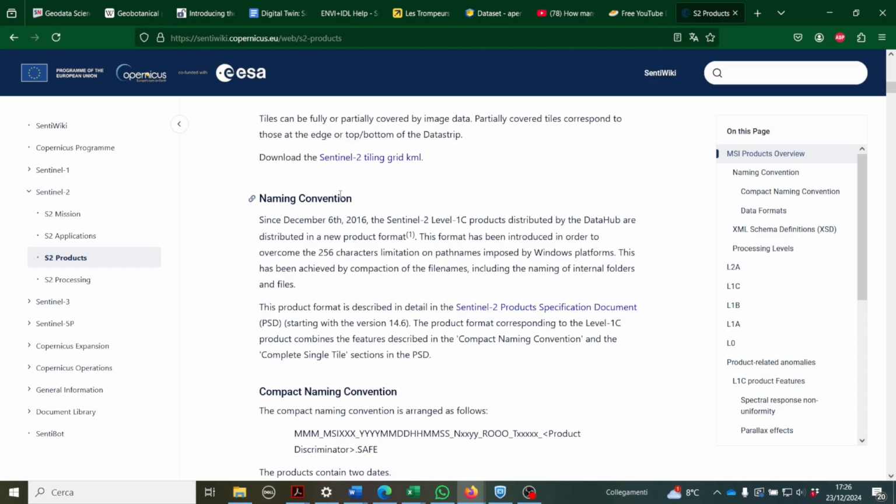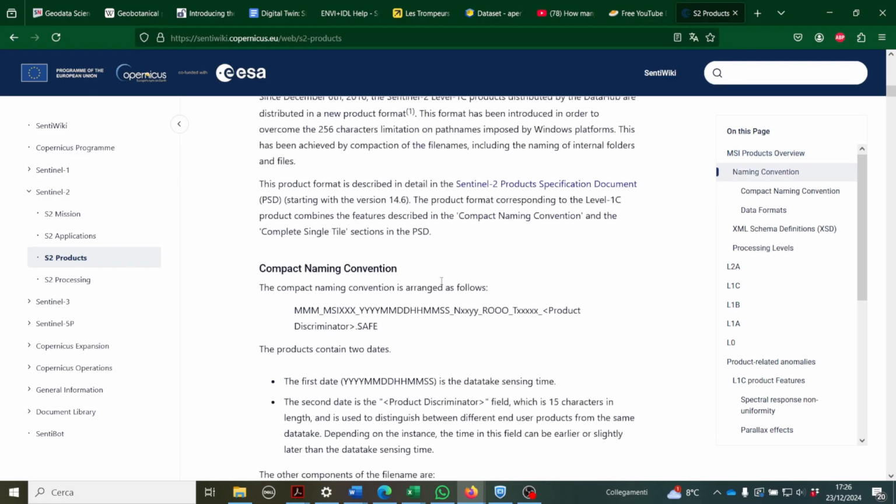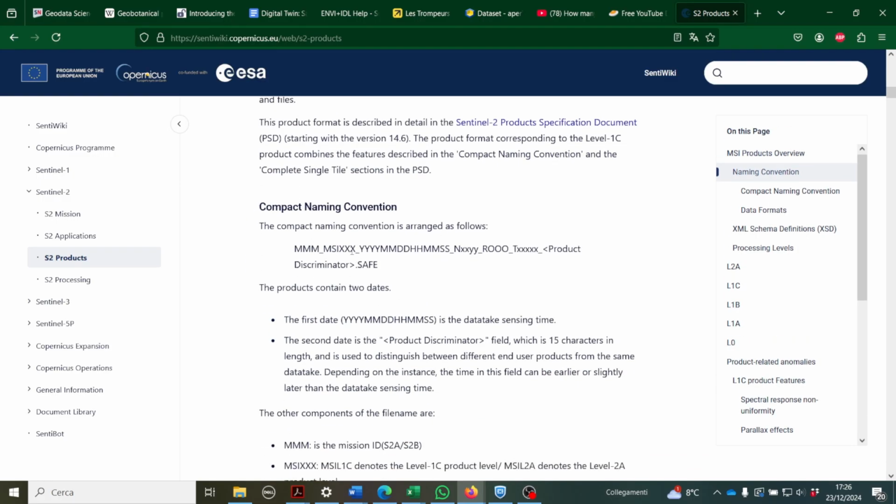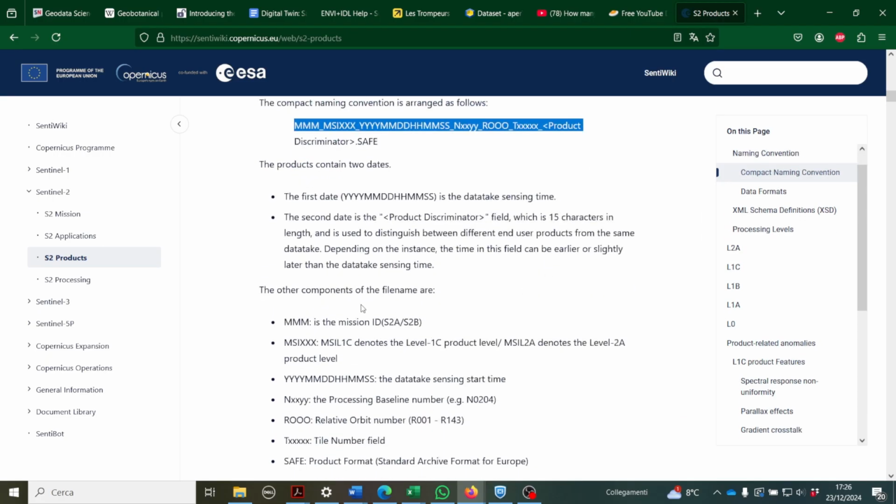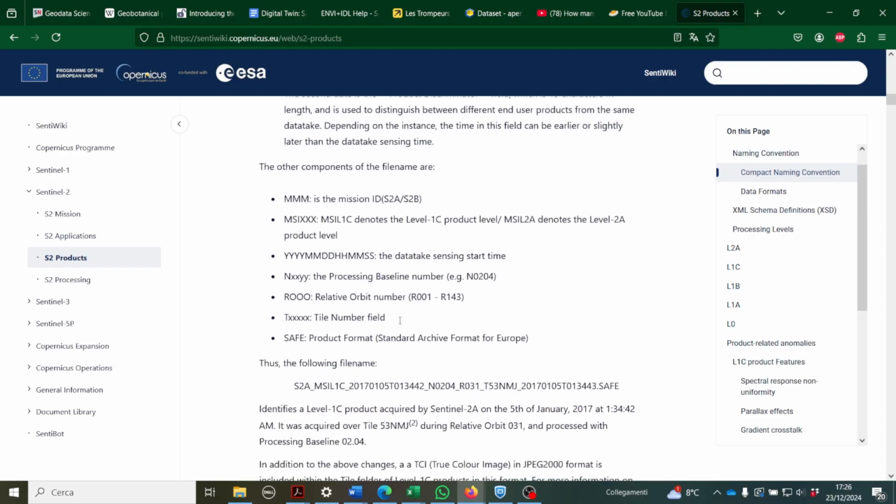You know how to download the data from the special video that I shared with you concerning how to download Sentinel-2 data. And just to understand the naming convention, you see this is what I'm pointing at here, in which the different pieces of the name represent the mission, and in particular the date and the hour of the acquisition.